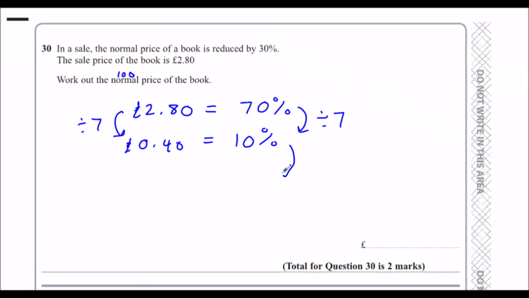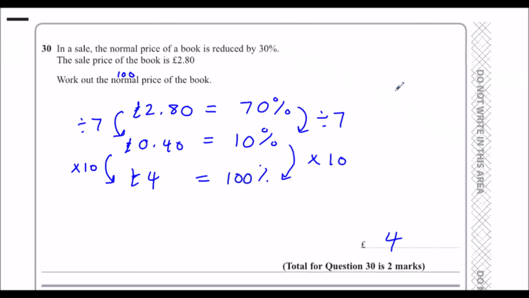And then to go to 100%, we're going to times by 10. So 40p times 10 is £4. So that means the normal price of the book is £4.